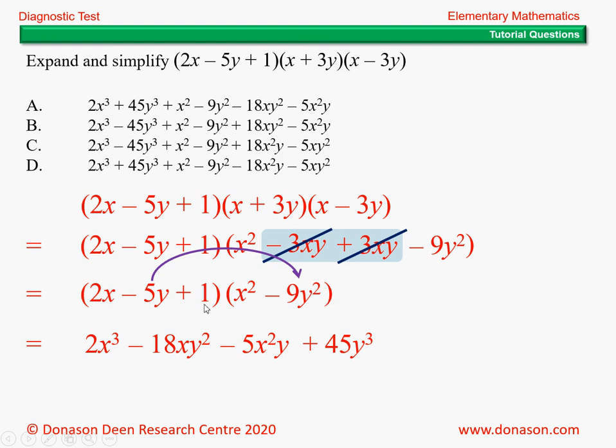Then last we have the 1 still, which we have not expanded. So we take 1 times x squared, that should be straightforward, x squared, and then 1 times minus 9y squared should give you just minus 9y squared.